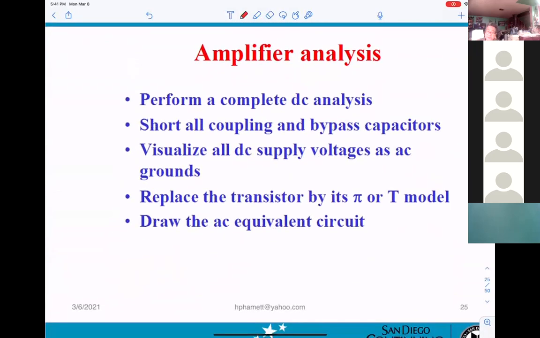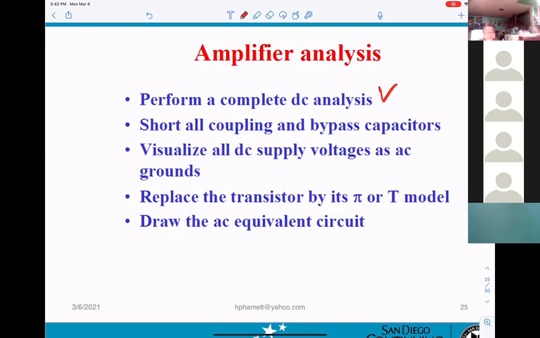Now, for students who want to understand a little more about the AC module, you must follow this standard here. Okay. If you want to do an AC circuit, the first thing you have to make sure of is that you have a complete DC analysis.